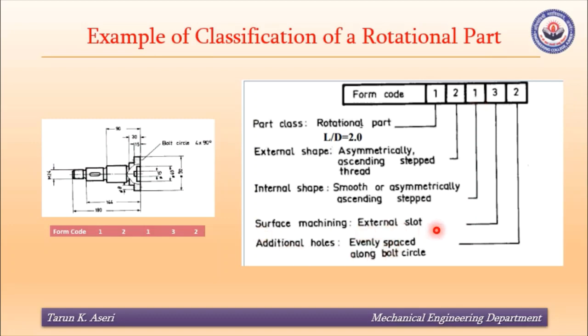Shape machining, an external slot, is there, so the code for this feature is 3. And an additional hole on the outer side of the flange is there, so the assigned code for this feature is 2. So the code for this part is 12132.